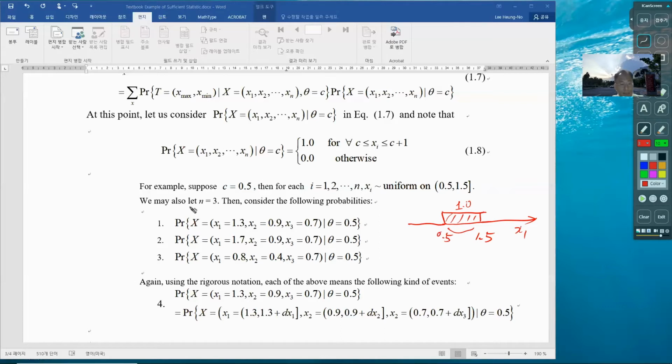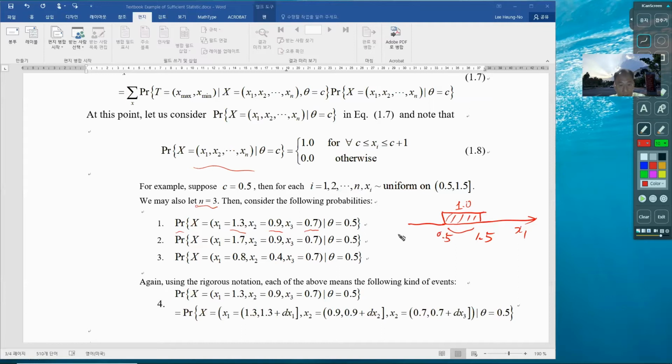And having said that, we also let n be equal to 3, so that we know what we mean by this expression. Then we consider the following probabilities. So the probability that the random vector x has a realization of 1.3, 0.9, 0.7. What is this?